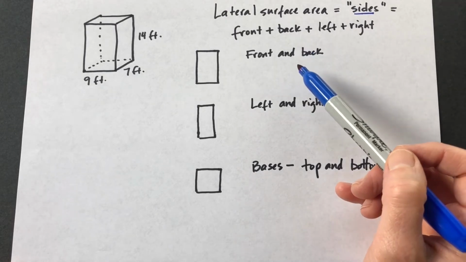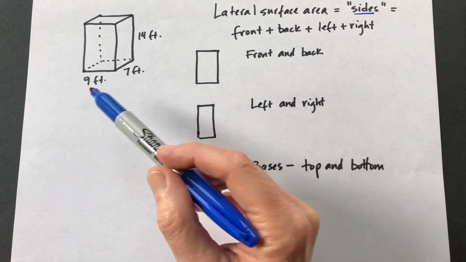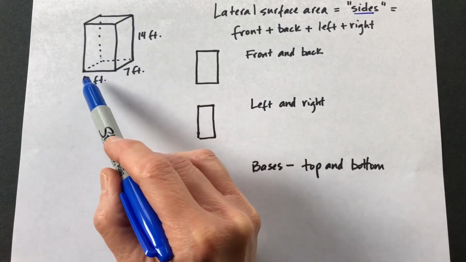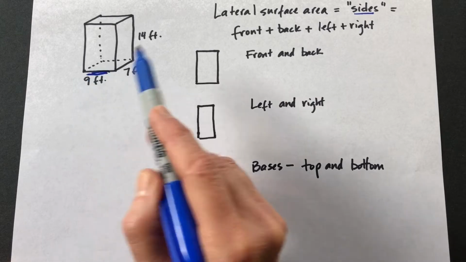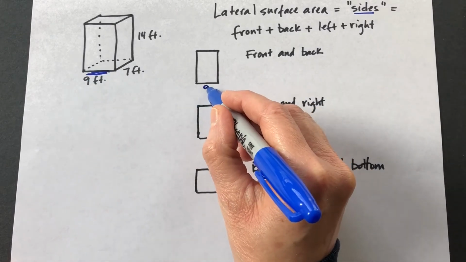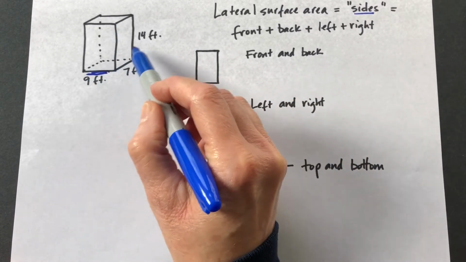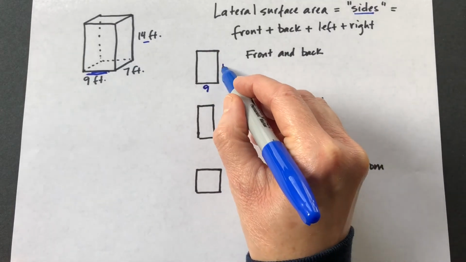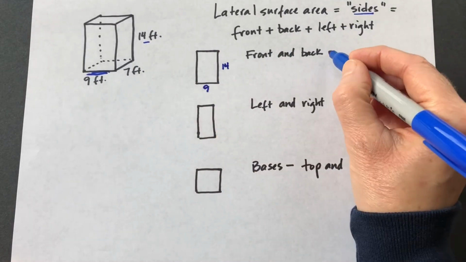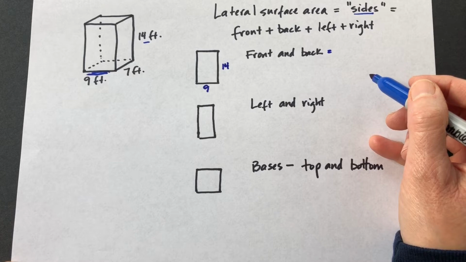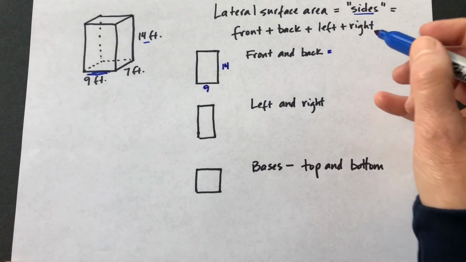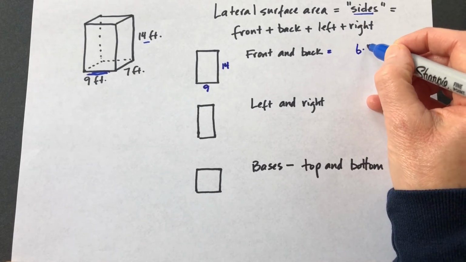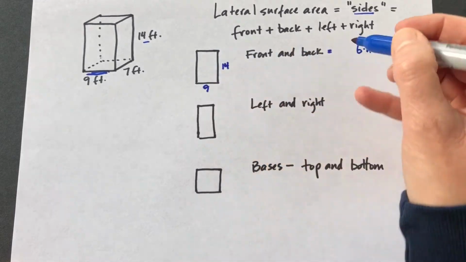So let's first think about the front and the back. The front face here has a base dimension of 9 feet and a height of 14. So if we calculate the area of the front and the back together, we're going to multiply the base times the height of an individual face.